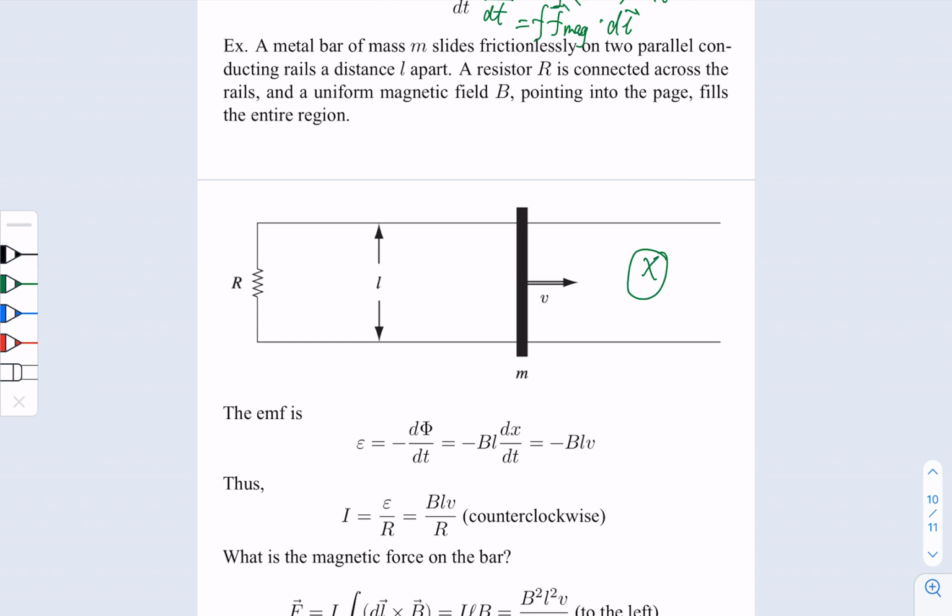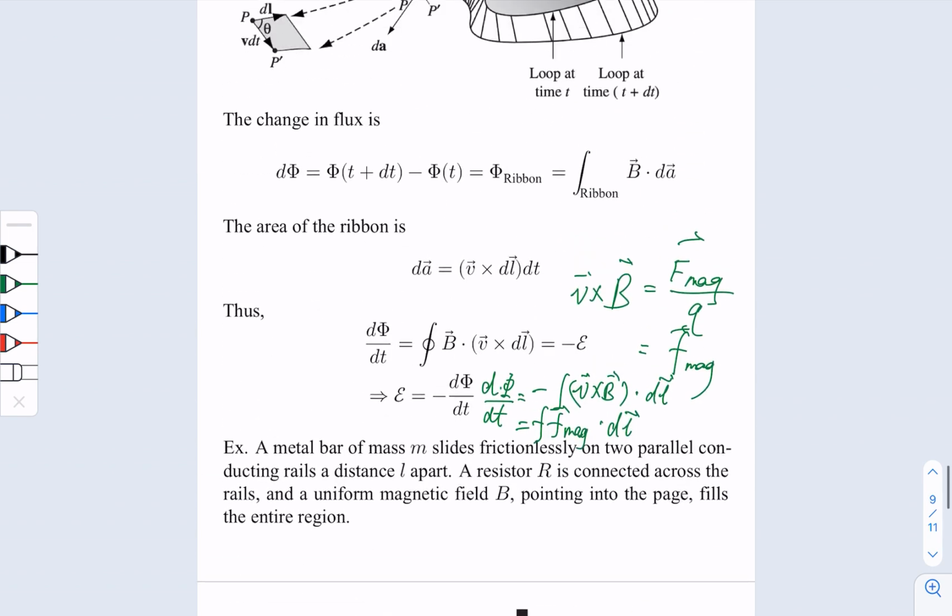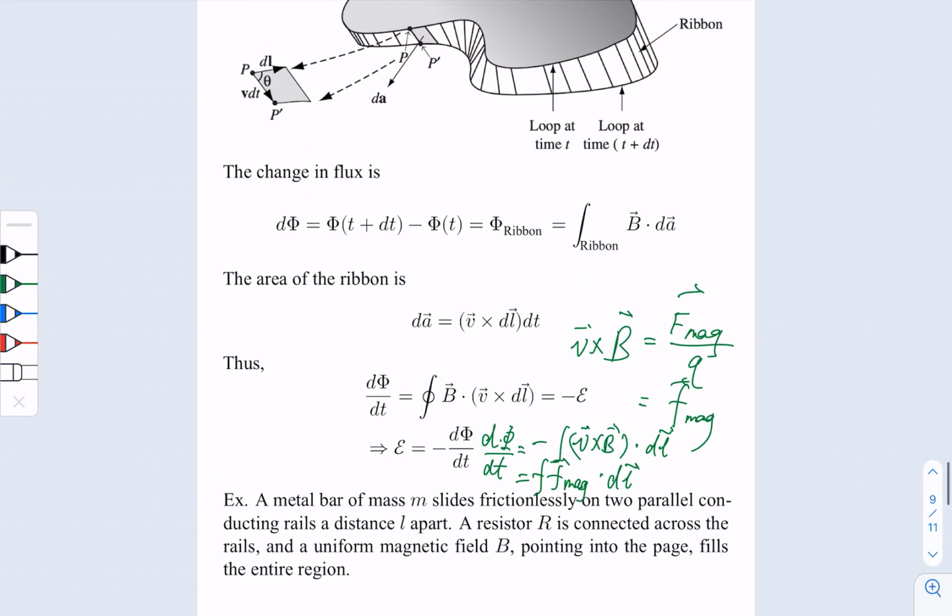Remember that the EMF is the potential difference, similar to the V, so the current will be the EMF over R. Now there is a subtle issue: this area is a vector area, so you should assign a sign to this flux.